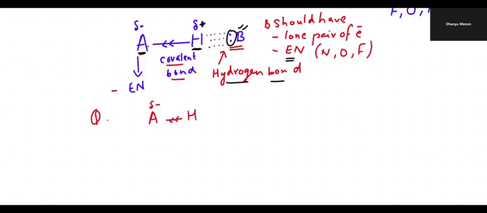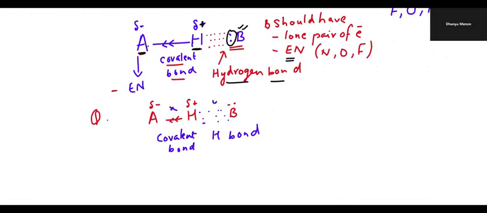The hydrogen has a positive charge. And when any atom B, which has a lone pair of electrons, comes near hydrogen, there will be forces of attraction between the hydrogen and B. And this is the hydrogen bond. We discussed this just a while ago, and this is the covalent bond. So this is X and this is Y.